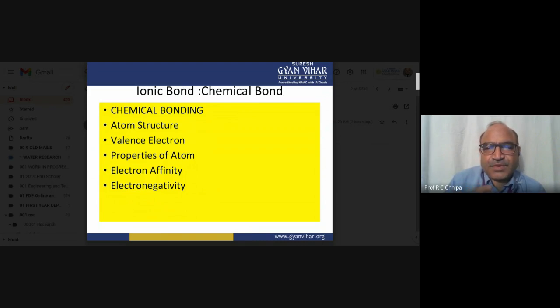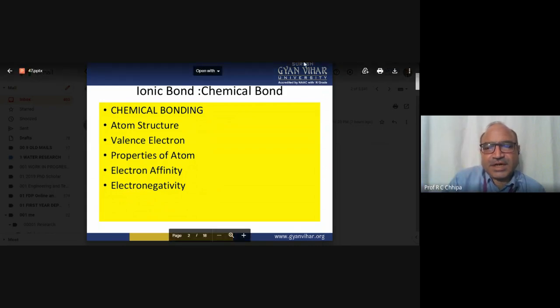So that third type is the coordinate bonding. So coordinate bonding, covalent bonding, and ionic bonding. This is the chemical bond.